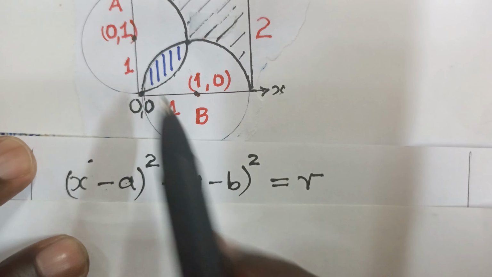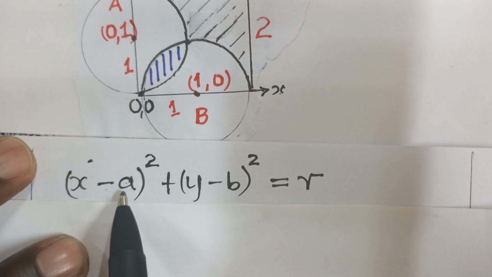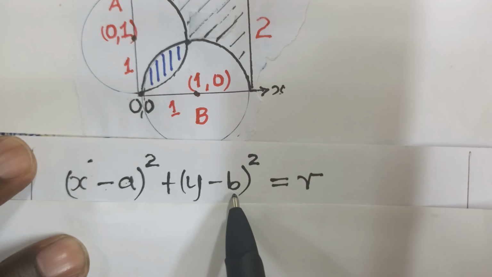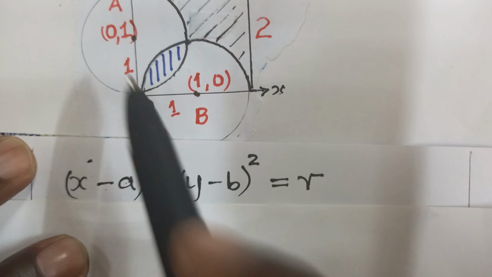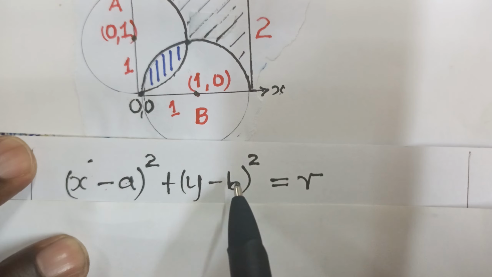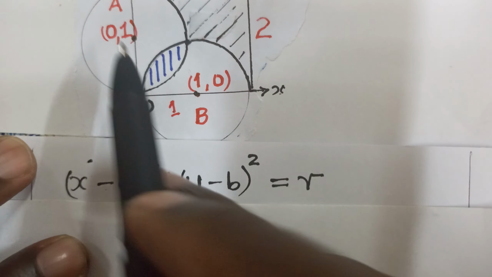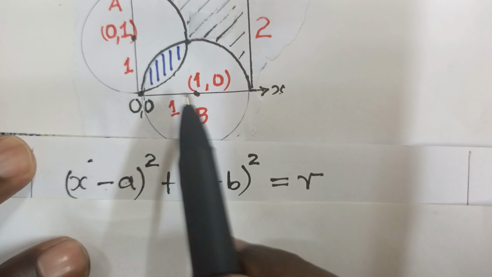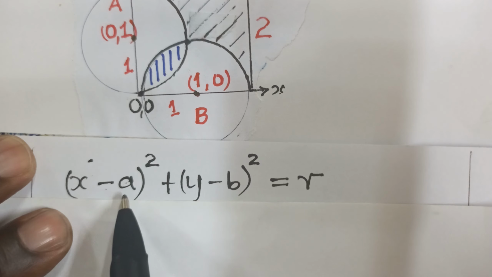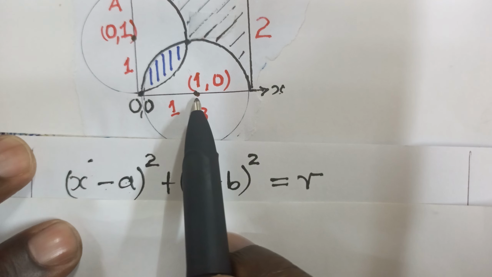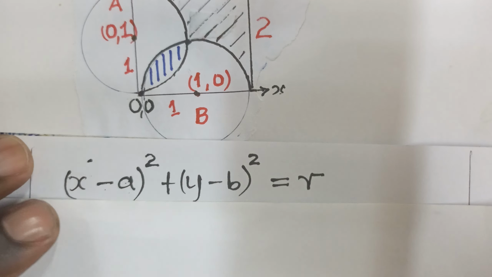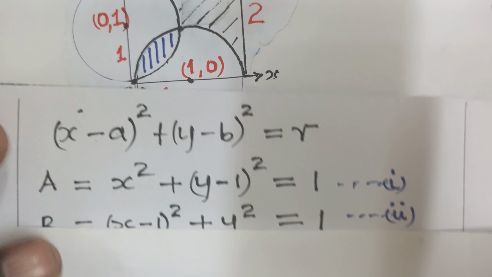And therefore, for this circle, we shall have 1 at this point and 0 at this point. And this is the distance along the y-axis to the center of this circle, which is 1. That is for this circle. And for this other circle, we shall have 1 represented by A, because the distance along the x-axis from the origin to the center, for this other one, will be 0. And that's what, guys, I have done right here.